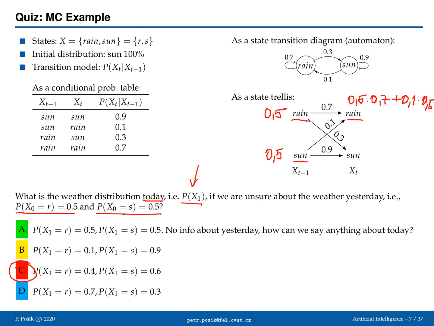Because of this uniform distribution, it is just an average of 0.1 and 0.7, which is 0.4 for today. Using the same process, 0.5 times 0.3 plus 0.5 times 0.9, you get the probability of sunny weather for today, which is 0.6. So 0.4, 0.6 is the correct answer.